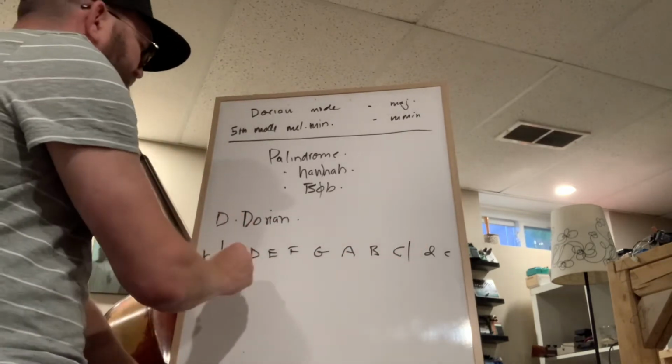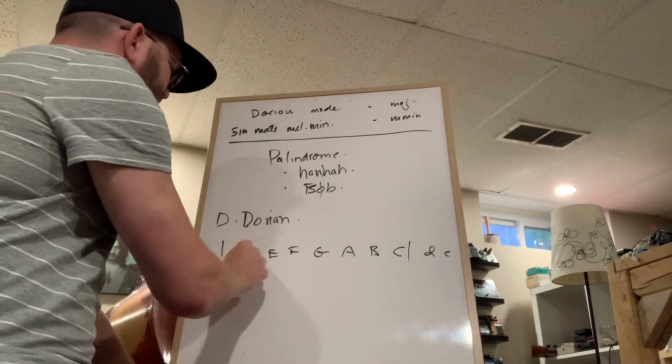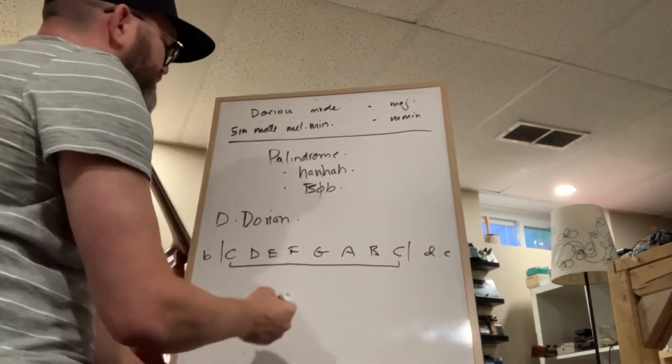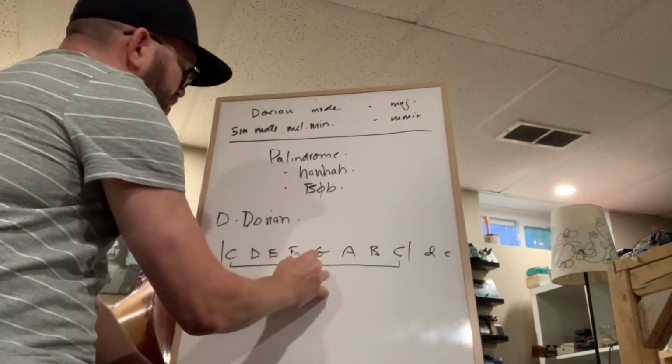And so this is our major scale, or what they call the Ionian mode.